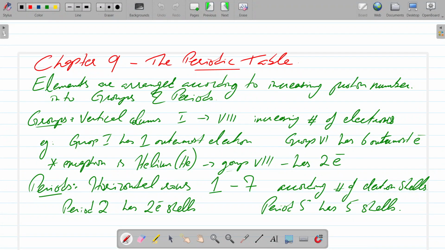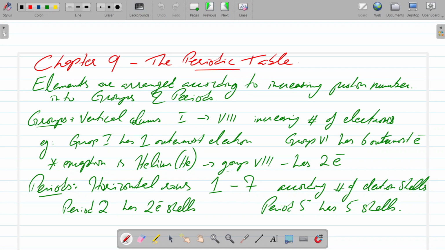Okay, so starting off with a quick review of chapter 9, which is the periodic table. Now we haven't reached chapter 9 in linear order. We've covered chapters 1 and 2, and after that I skipped forward to chapter 9 before going to chapter 3.